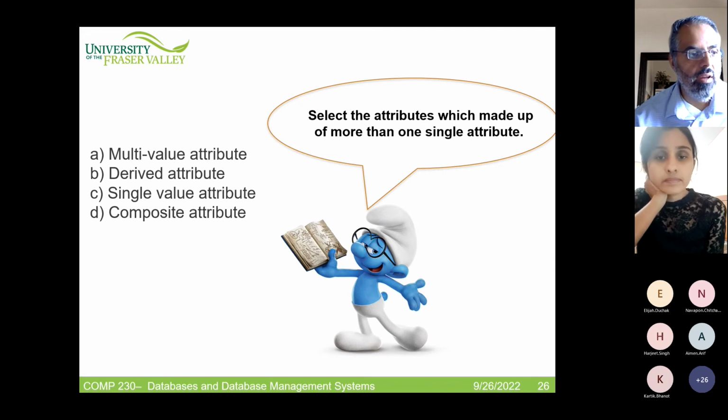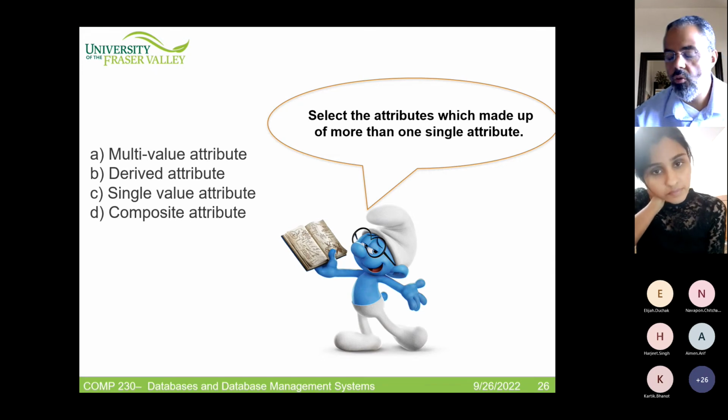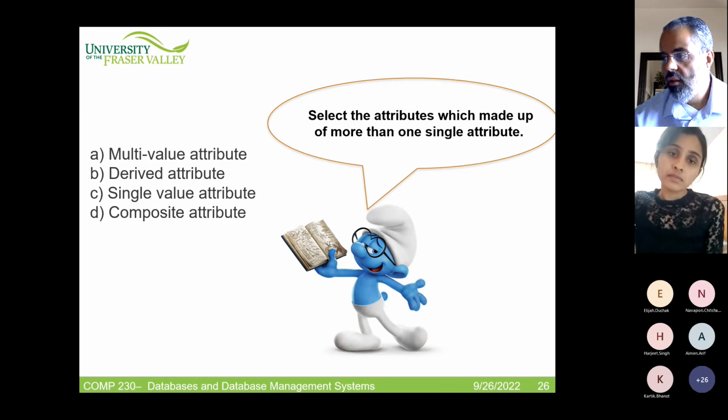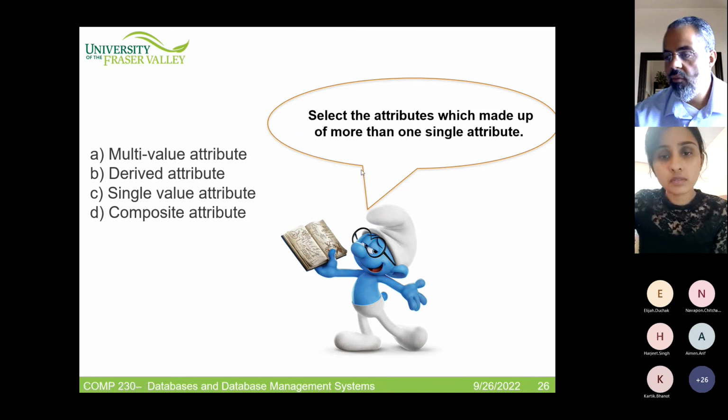Are these attributes multi-value attribute, derived attribute, single value attribute, or composite attribute? So I have so far two answers. Both of them say D, composite attribute.